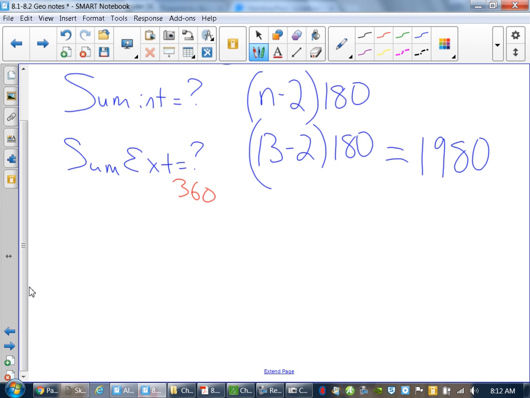Now, if this was a regular 13-gon, what is each interior angle equal to? Yes, ma'am, what did you do?